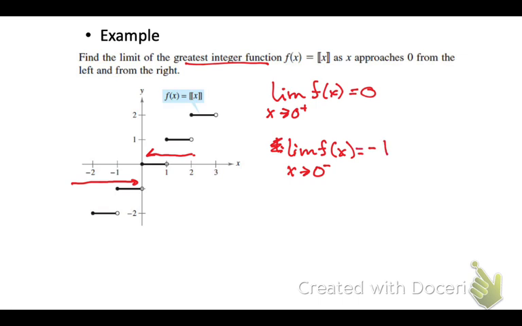No. Negative 1. Why is it -1? Because where I'm at, I'm not asking at 0 yet, am I? As I'm getting closer to 0 from the left, I'm still where? As I go here, aren't I still at -1? Yep. -1, -1, -1. I'm still -1 until I'm where? At 0. See that?